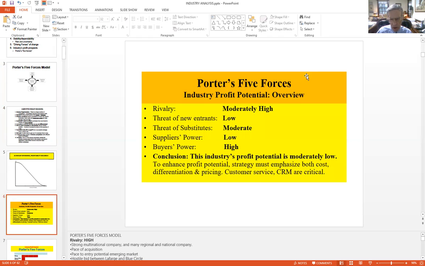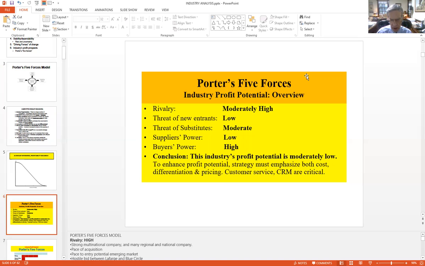We've seen that one. So here's an illustration of one way to present a five forces analysis result. And we simply identify whether the forces are low, moderate, or high. And by the way, each of these exhibits that I'm showing you now have been taken from PowerPoint slides prepared by my students when they did projects in my classes.